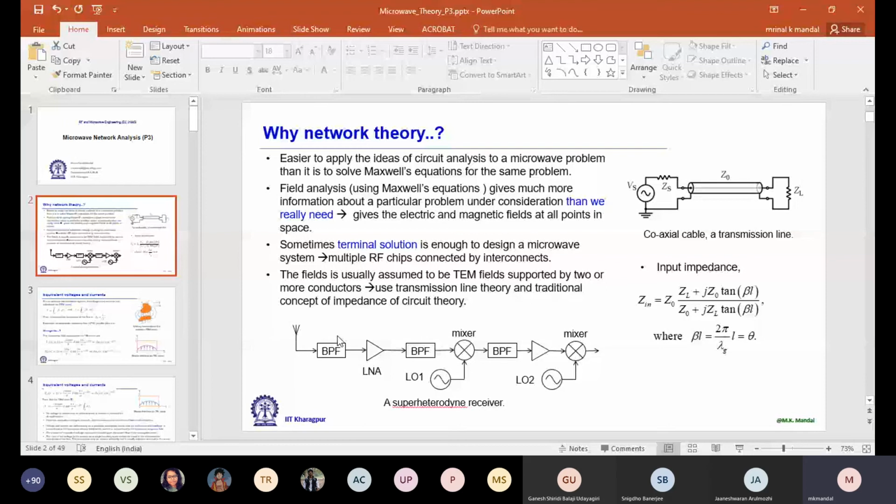I don't think we have enough time. So till this point, if you have any question, you can ask me. When you define impedance, it is at the terminal. So impedance is also a terminal solution. Any question? You can switch on your microphone.